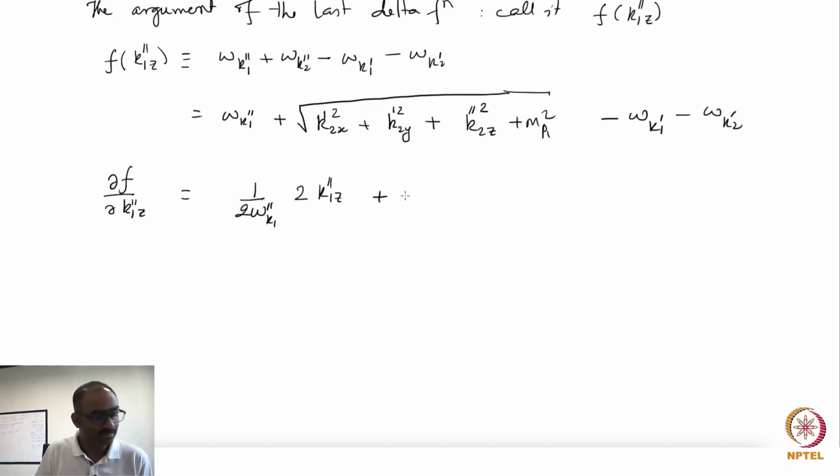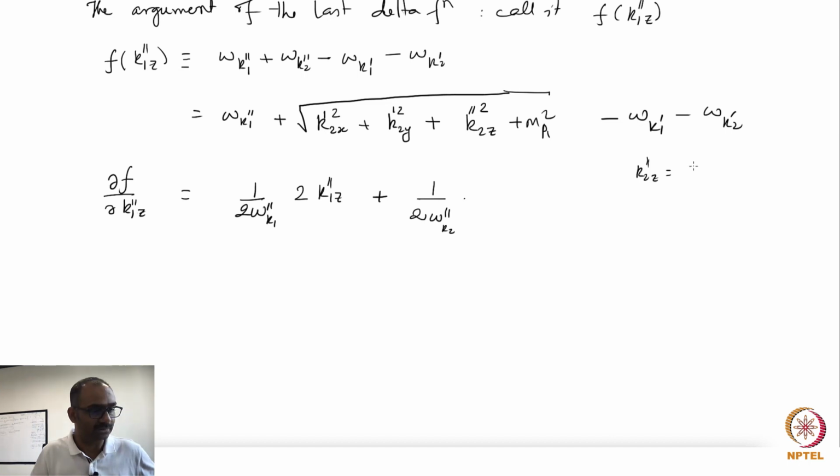Then the second term gives you 1 over 2 times this exact thing, times 2k2 double prime z times the derivative of what you have in the square root. For that derivative I should substitute k2 double prime z to be the following.